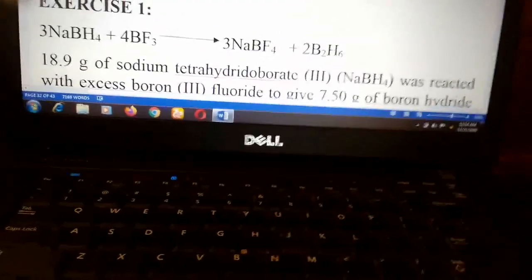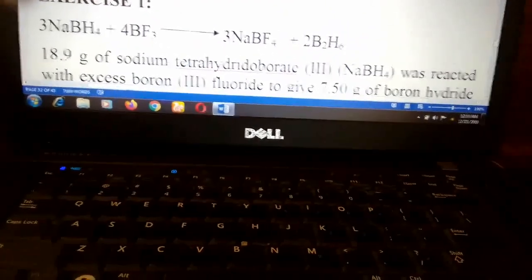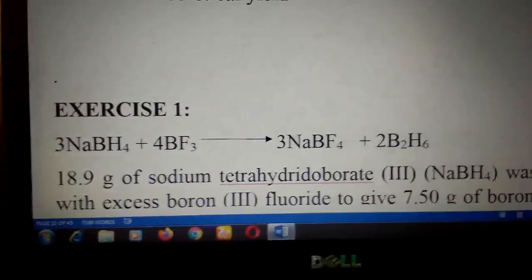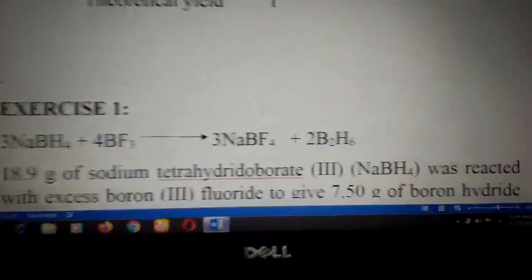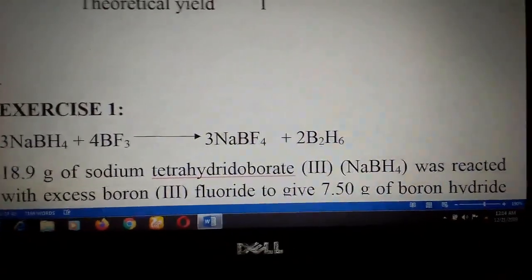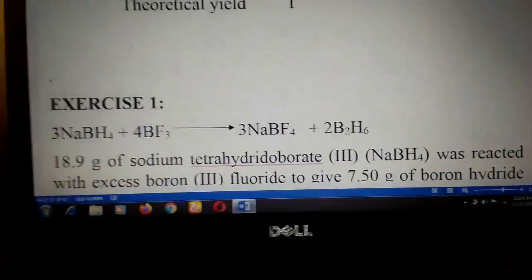Look at that reaction between 3 moles of sodium tetrahydroborate(III) and 4 moles of boron(III) fluoride, giving us sodium tetrafluoroborate and boron hydride.